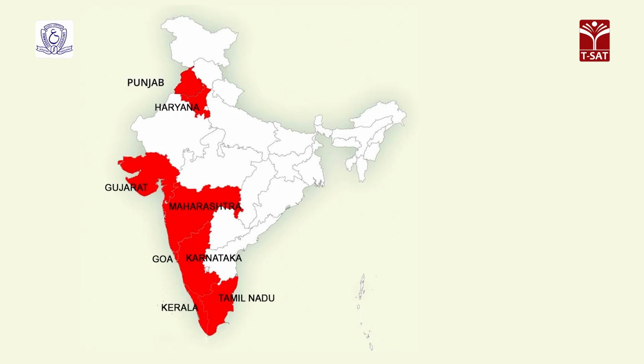The states whose per capita income figures were higher than the national average include Punjab, Goa, Haryana, Maharashtra, Gujarat, Karnataka, Tamil Nadu and Kerala. Among these 9 states, Punjab, Haryana, Maharashtra and Gujarat have attained a high degree of agricultural as well as industrial development.